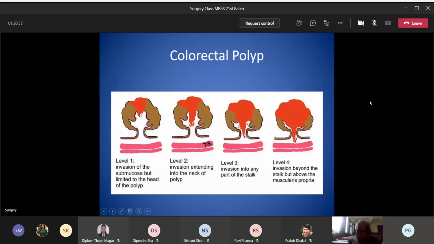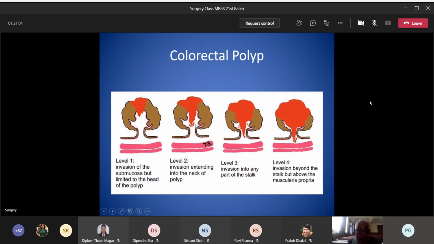This is the body of the polyp, and this is the neck of the polyp. Once invasion extends to the neck of the polyp, this is level 2. Once it goes down to the stalk, it is level 3. And level 4 is the muscularis propria. Once you involve the muscularis propria, it's level 4.